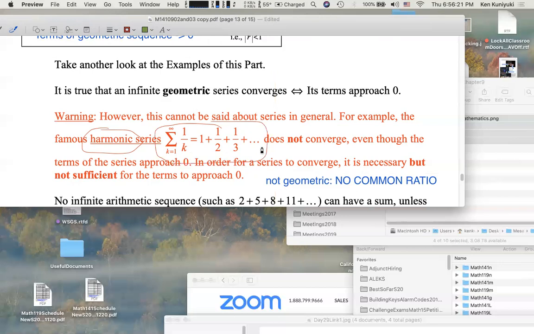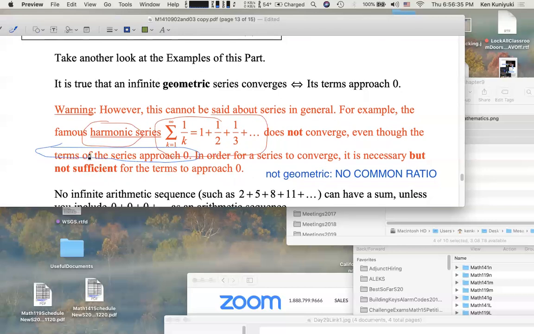Now here's the thing. This is the easiest series whose terms approach zero. The terms of the series approach zero, and yet the series diverges.